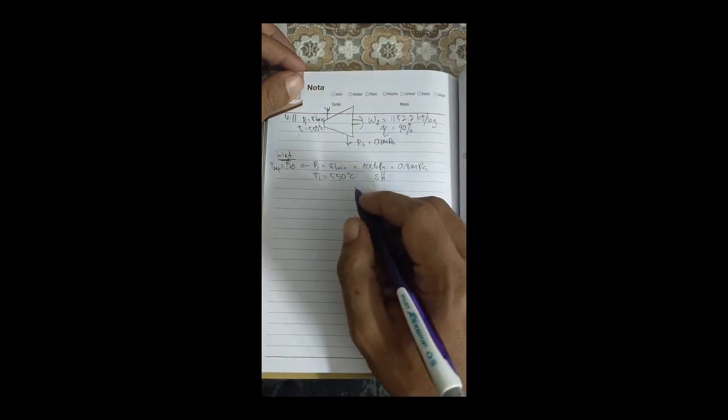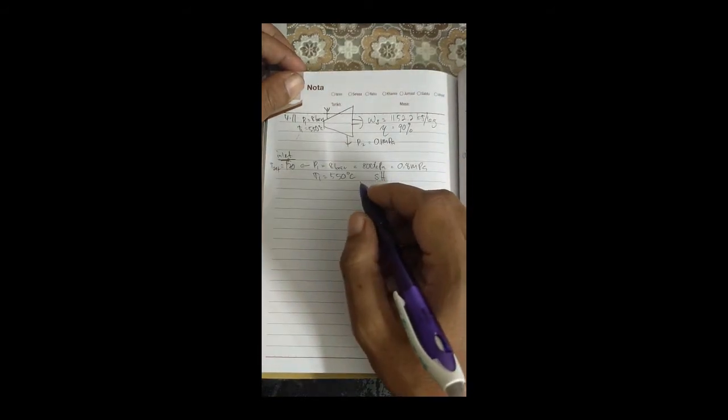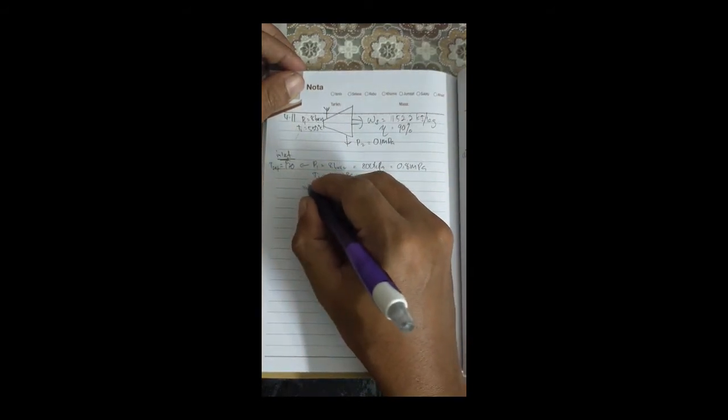I think it's in superheated 0.8 MPa. Unluckily there is no 550 degrees Celsius. It's only 500 to 600. So you need to interpolate. So interpolate.